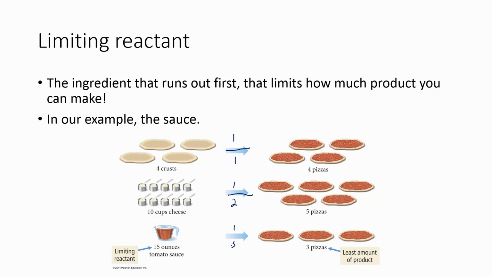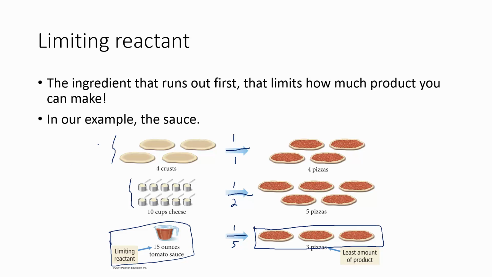That is a 1-to-5 ratio from our formula, so I can only make 3 pizzas. Since this is the least amount of the product that I can make, I can't make more than 3 because then the sauce runs out. The sauce is our limiting reactant. Now, we'd actually say these also are in excess. That's kind of part of the terminology I should throw in at this point.